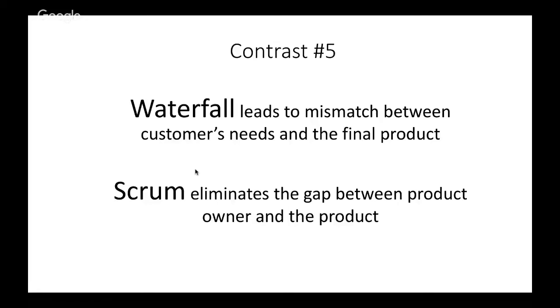This usually leads to a mismatch between what the architects have designed, what was built, and finally what gets tested. In Scrum, the development team performs all these functions like analyze, design, build, and test within each sprint. The team is working very closely together with the product owner as one cohesive unit. This eliminates any gap between the initial business needs and the final product.